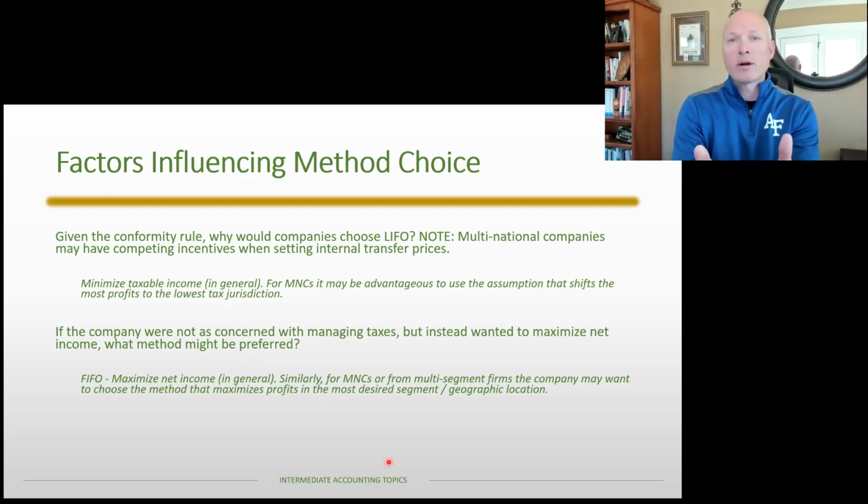Profits in software segments usually get a higher multiple in the market than manufacturing. So if there's a transaction between those two segments, you may want to maximize the profit in your software segment and minimize it in your manufacturing segment, because overall your stock price would probably be higher if you reported it that way. And so there can be choices when it comes to cost flow assumptions just to maximize your net income.